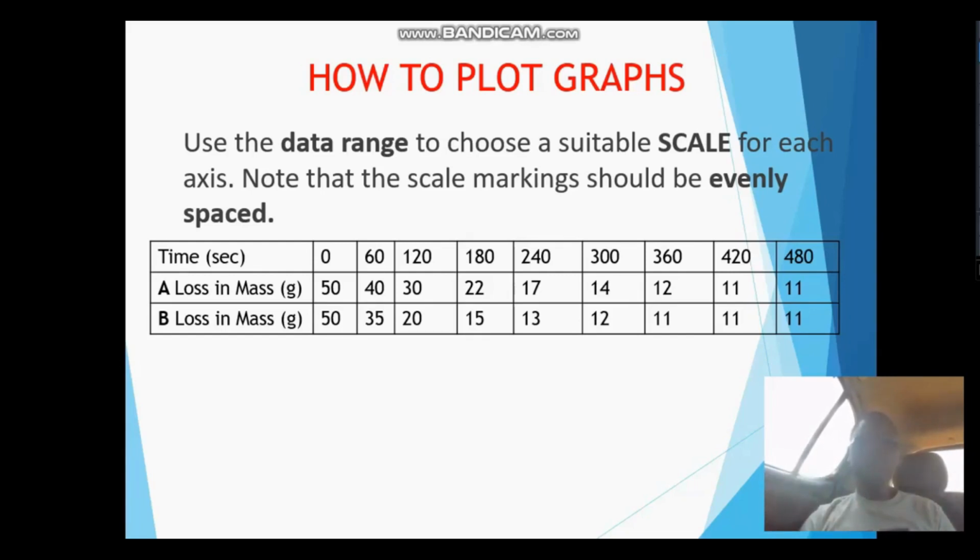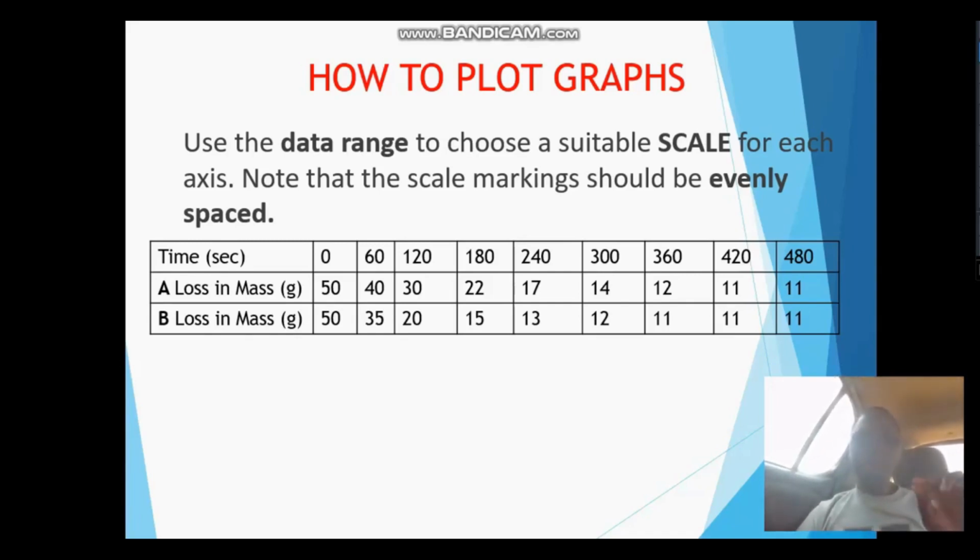So you can decide that every 2 centimeters on your graph will be equal to 60 seconds. What of the mass? When you look at the mass, it is ranging from 11 to 50. So if we say every 2 centimeters is equal to 10 grams, that will be good for us to show the mass loss.